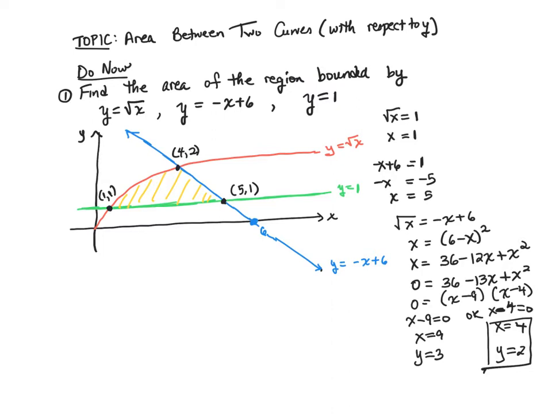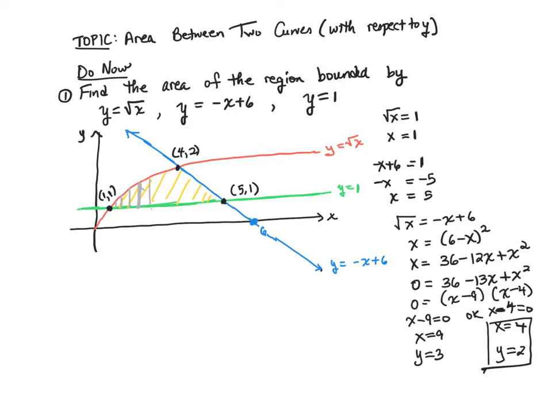Okay, and if I draw a vertical rectangle here, the height of this rectangle would be the red curve minus the green curve, right? And that seems to be consistent all the way here. It's always red minus green.